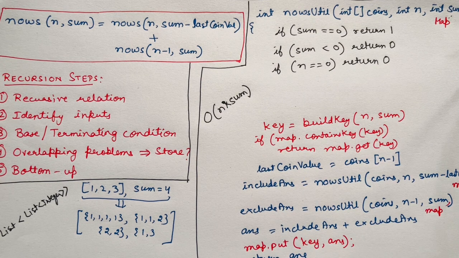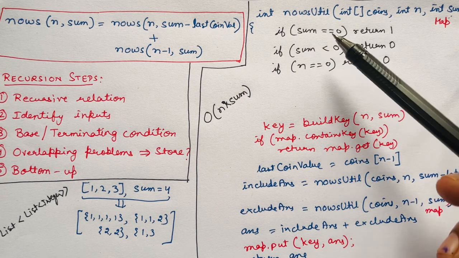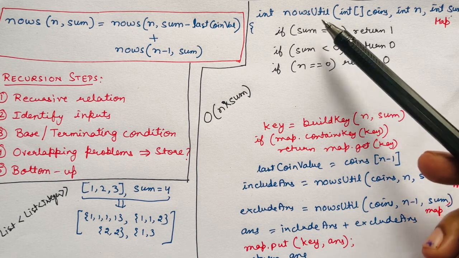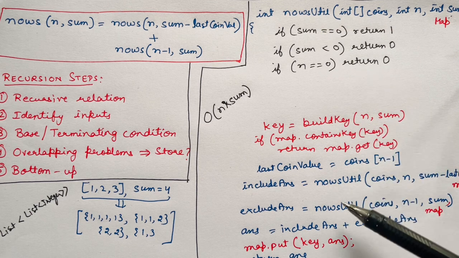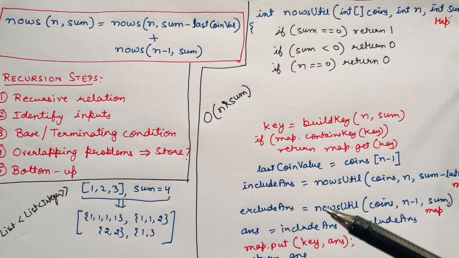As next step, we now need to think of the bottom-up approach. But why do we even need to think of bottom-up approach? What is the problem with top-down dynamic programming approach? The problem is recursion. In top-down approach, we use recursion. This method is calling itself again and again. And every method call occupies some space in the memory.